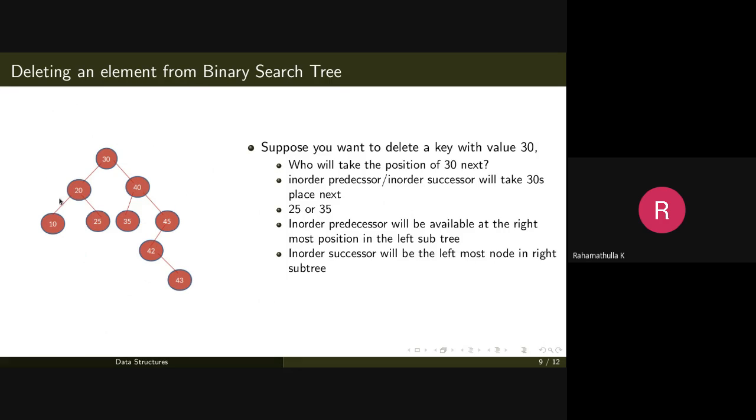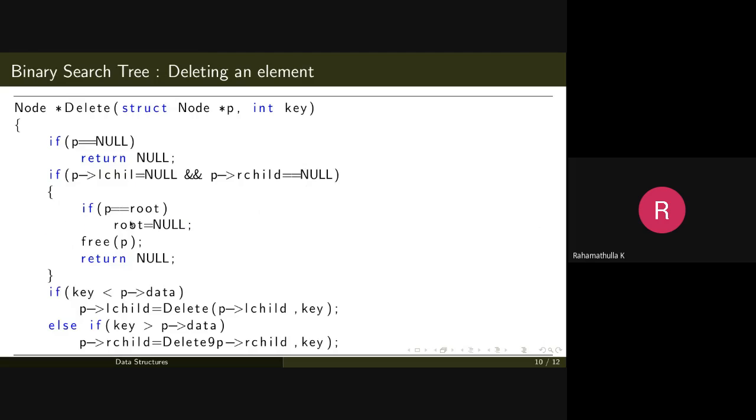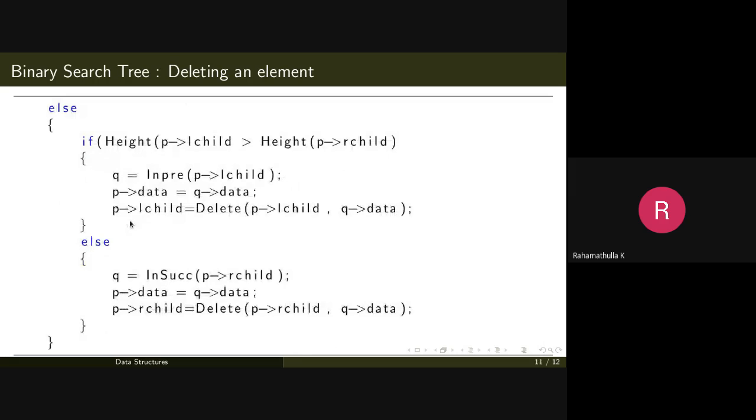For example, in this case, the left subtree has smaller height and the right subtree has larger height. In that case, to make this tree a better representation, you can take the element from the right subtree, and try to reduce the height of the total BST.